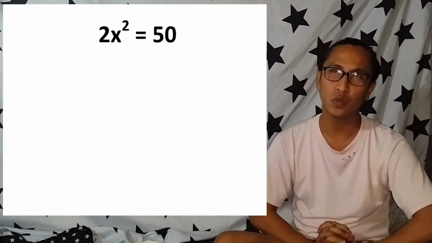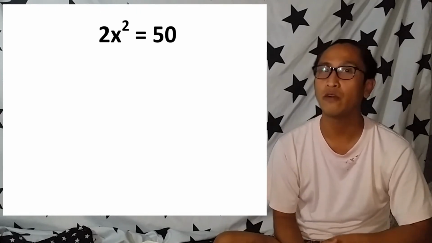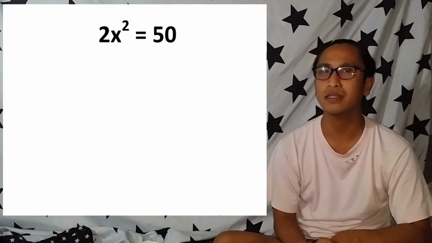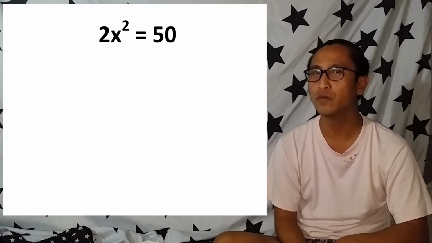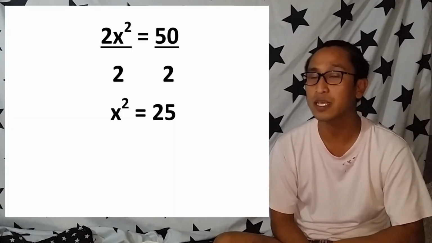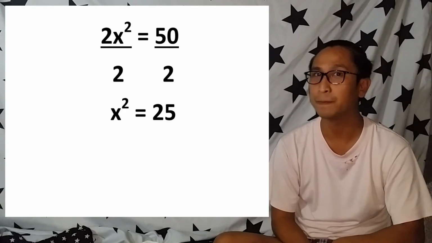So what you will do first, for us to use extracting the square root, is divide first by 2, or divide it by the coefficient of x squared. So, dividing it, the equation will become x squared is equal to 25.